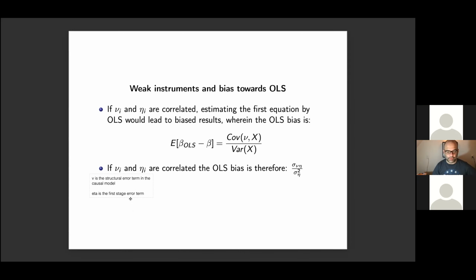If V and eta are correlated, what does that mean? That means that OLS will be biased, because look what it's going to mean.